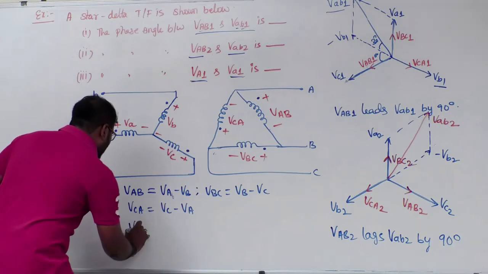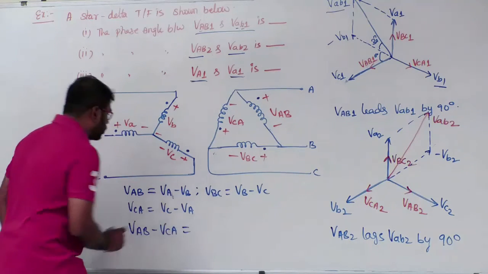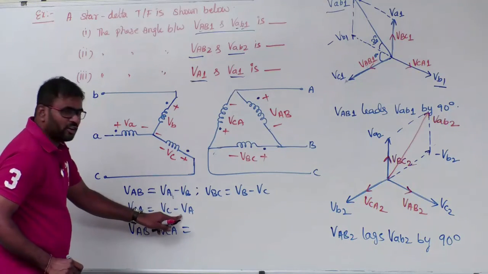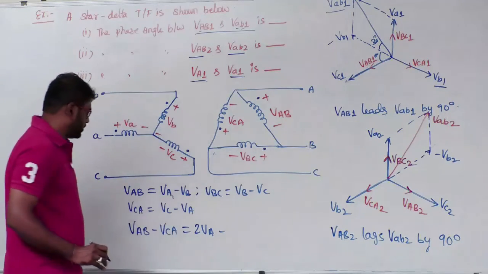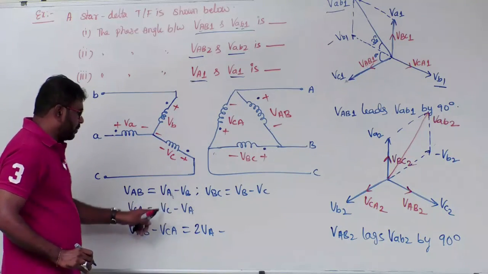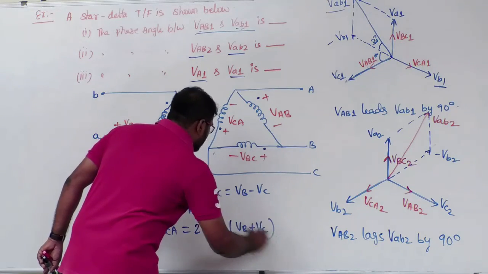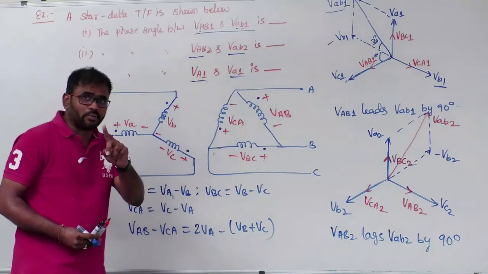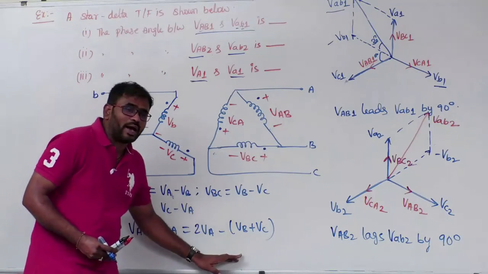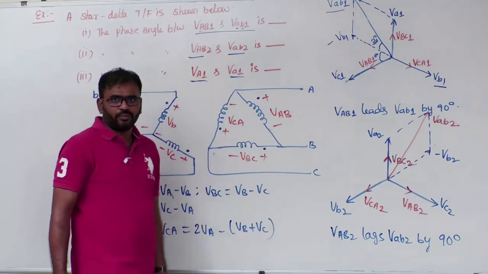So VAB minus VCA, that is equal to VA minus of minus VA, 2VA, minus VB minus VC, minus if you take common we get VB plus what? VC. Sir, if the system is balanced, again I am saying, if the system is balanced, then only VB plus VC equal to minus VA.